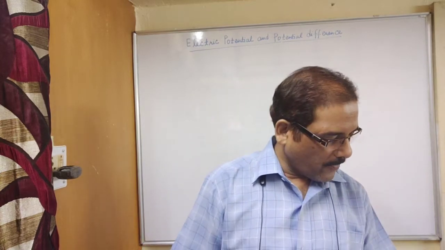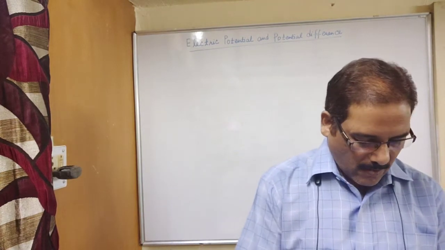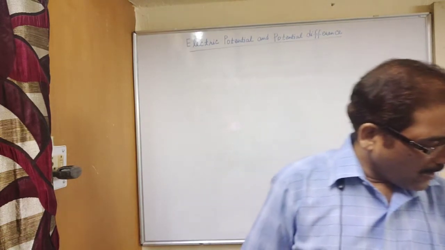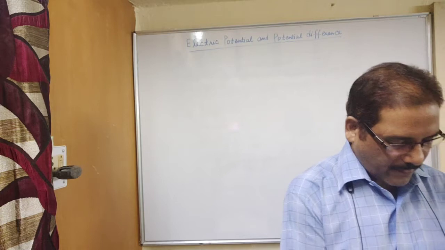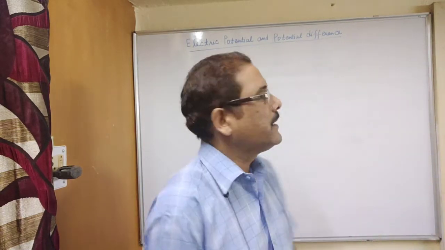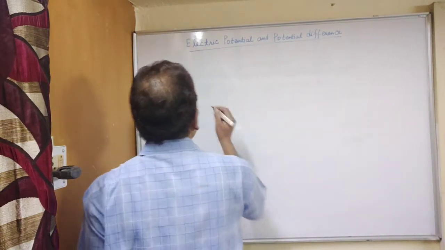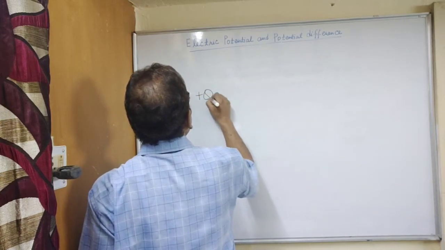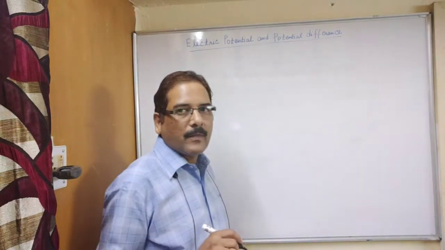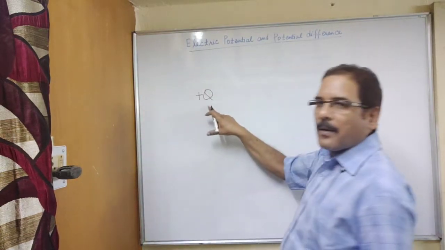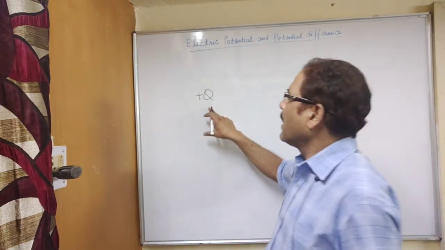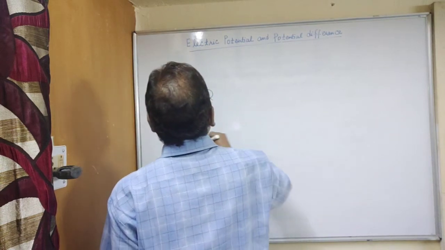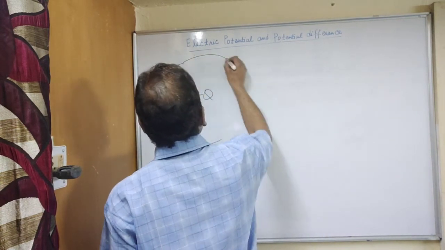Now I am going to explain the concept of potential difference, you can think in this way. Suppose we have a plus Q charge, and due to the charge, suppose there is an electric field around it.